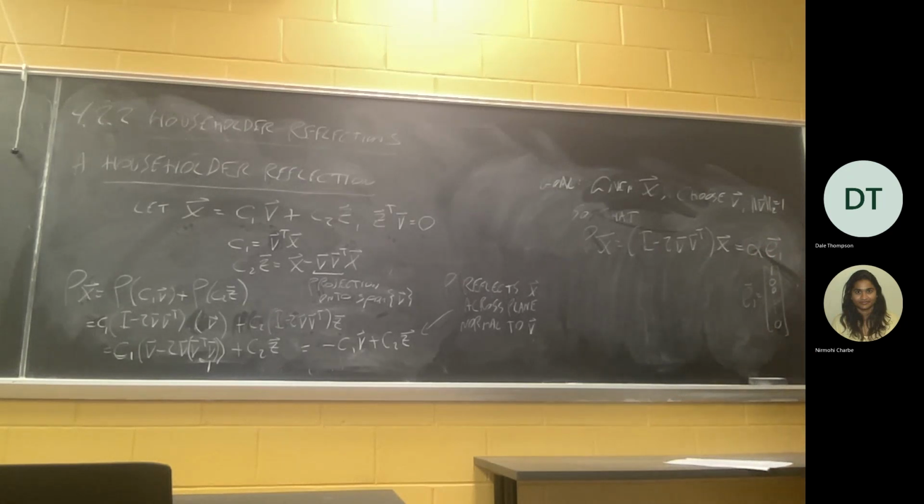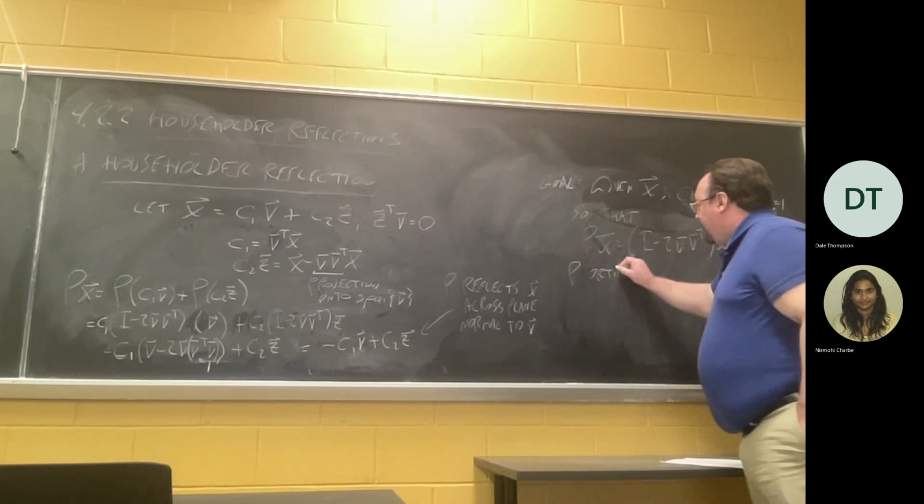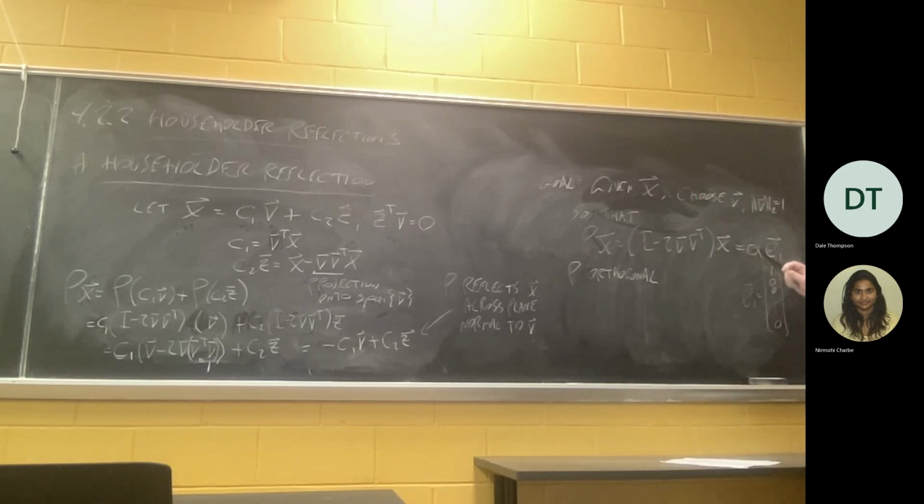Now, because P is orthogonal, and remember, multiplying by an orthogonal matrix preserves the 2 norm, the 2 norm of this vector, alpha e1, has to be the same as the 2 norm of x.